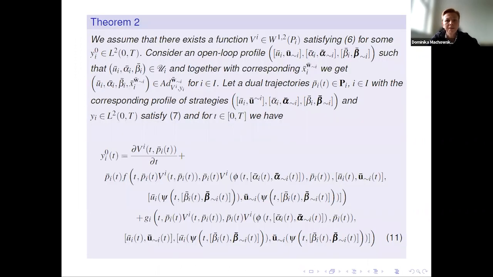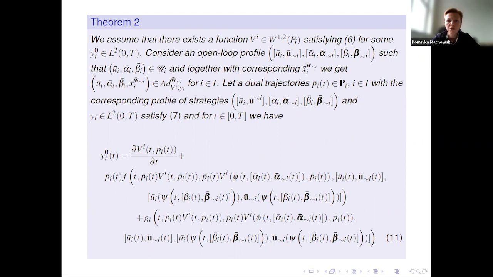So we assume that there exists a function vi which satisfies condition 6. Condition 6 means the second condition with the supremum, for some function yi0.